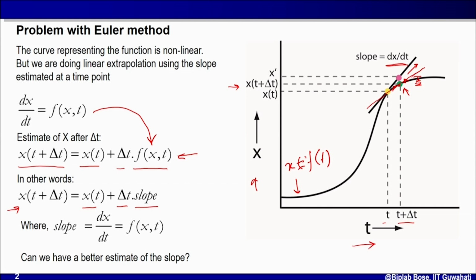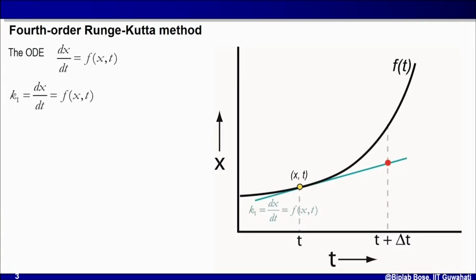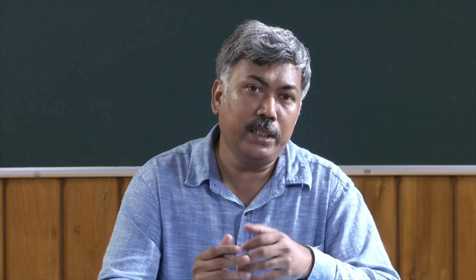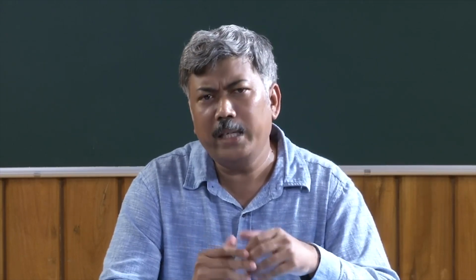So in this module, we will study an algorithm which replaces this estimate of slope by a better estimate of slope, or rather an average estimate of slope, which is much better in extrapolation and getting the new value of x at time t plus delta t. This method is in general known as the Runge-Kutta method, and there are multiple algorithms belonging to this family.